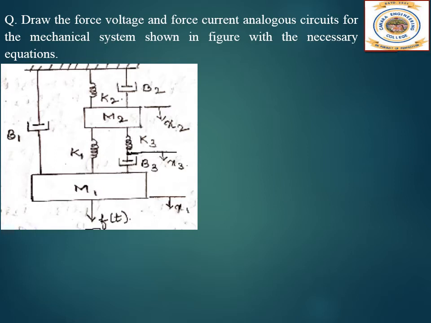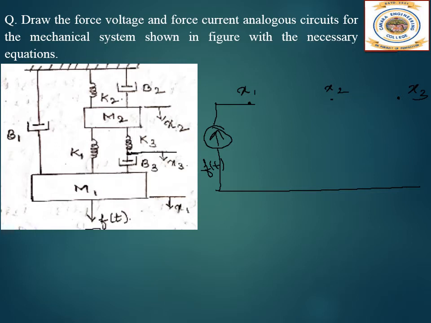So here first is x1, then we have x2 and one more node x3 over here. So x1, see here, what is x1? First is the force here. So that is connected to x1. So F of t.